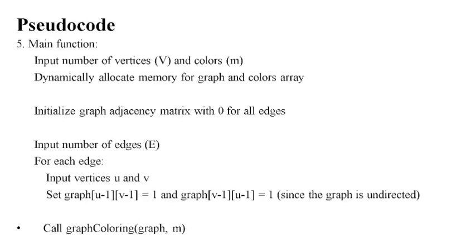The main function: input the number of vertices V and colors m, dynamically allocate memory for the graph and colors array, initialize the graph adjacency matrix with 0 for all edges, input the number of edges. For each edge, input vertices u and v, set graph of u minus 1, v minus 1 equal to 1 and graph of v minus 1, u minus 1 equal to 1, since the graph is undirected. Call graphColoring of graph, m.